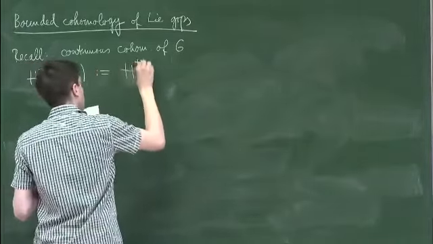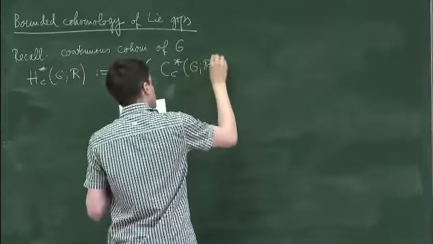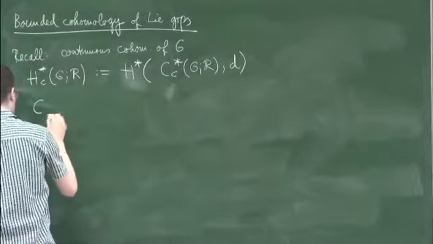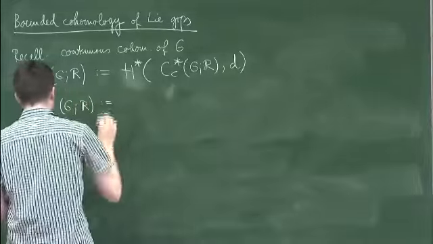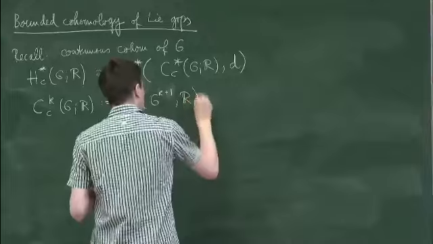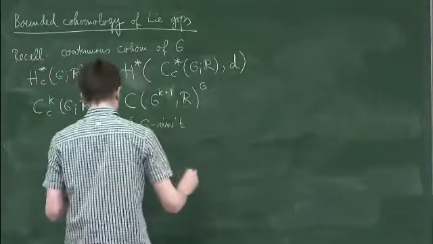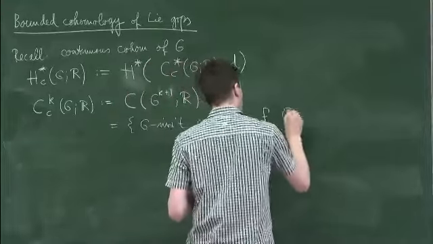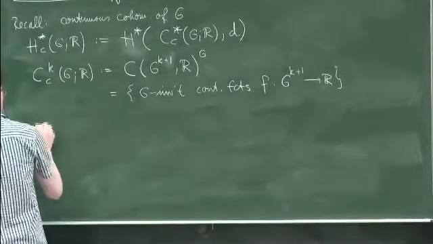So it's the cohomology of the following complex, which consists of continuous functions on G with a certain differential. So the complex is given in degree k by continuous functions from G^(k+1) into R, which are G-invariant. And the differential is the following.